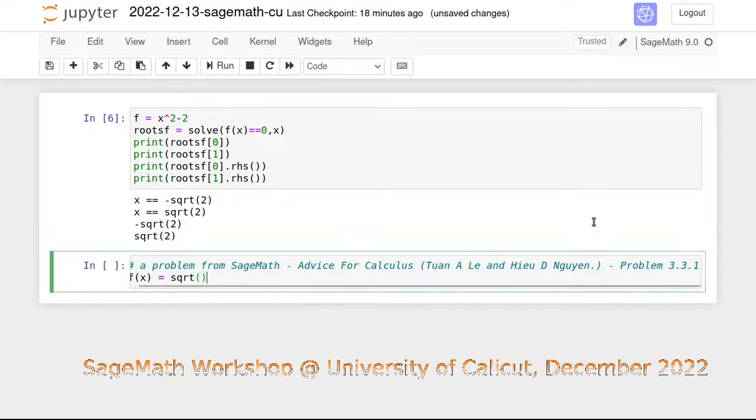Square root of, with a bracket here, 2x to the power 4 minus 2x plus 1, divided by 2x to the power 4 plus 2x plus 1.